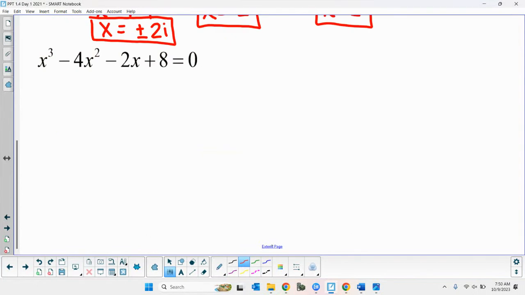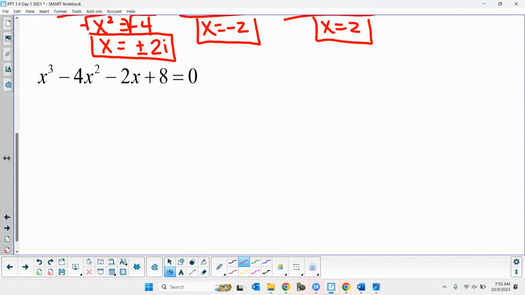Now this one, we're going to try to factor. It's got 4 terms. So what do we usually do? We have 4 terms we want to factor. Yeah, we group them, right? So we're going to group the first 2 and last 2. Since this has a minus in front, I'm going to put it in my group, and just put a plus sign between them. And then we look for GCFs, remember?